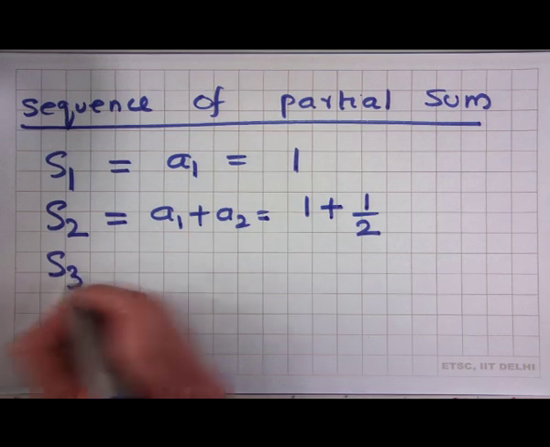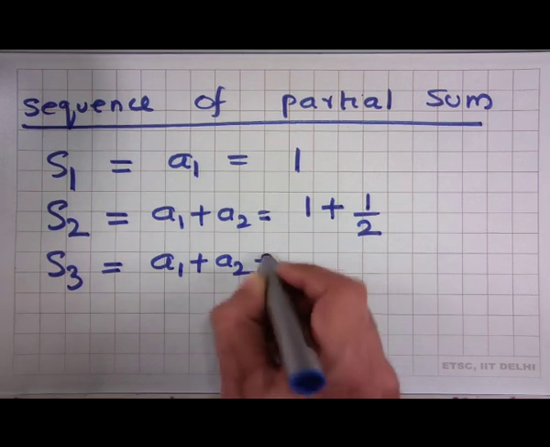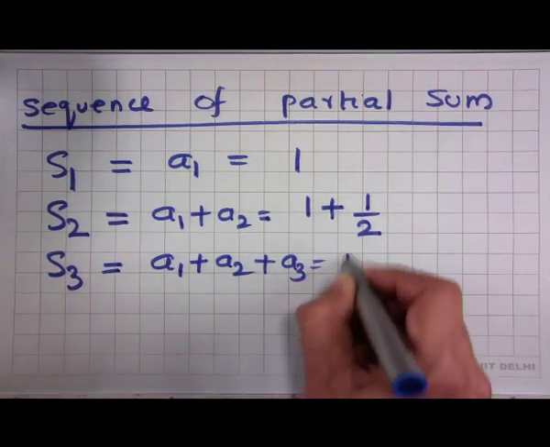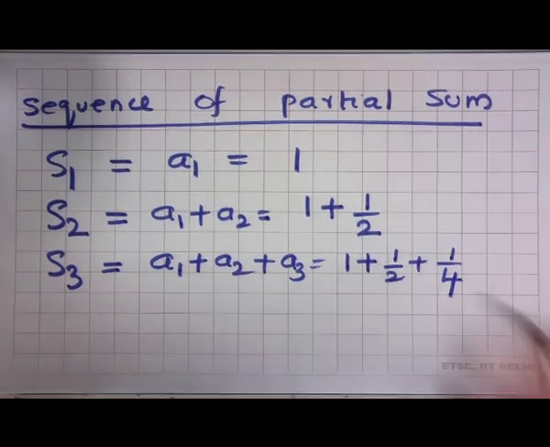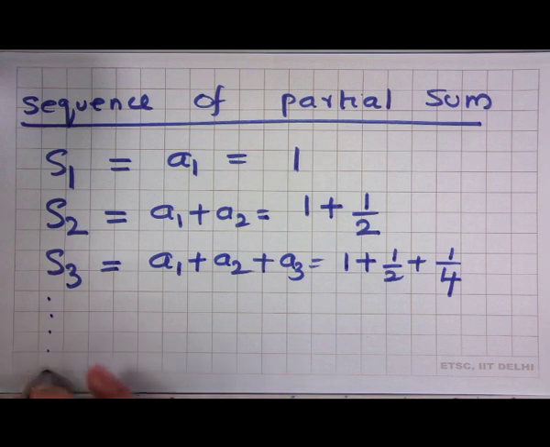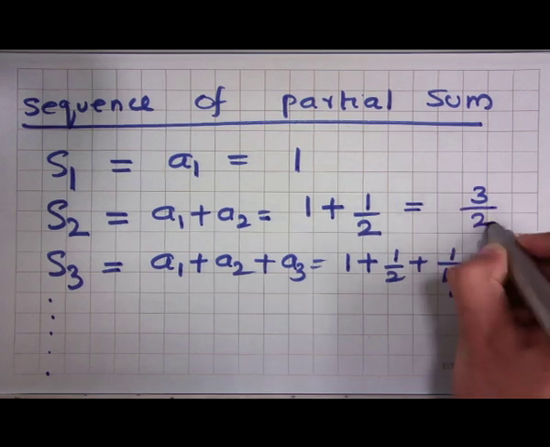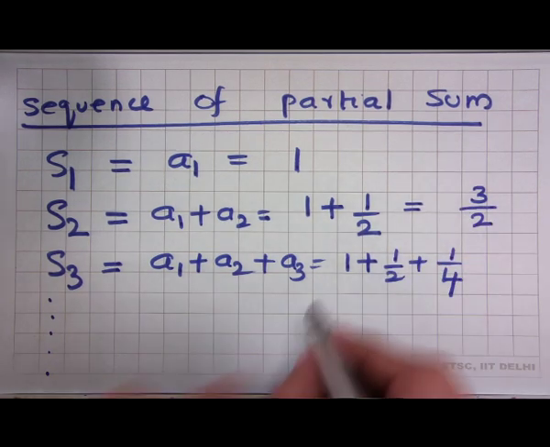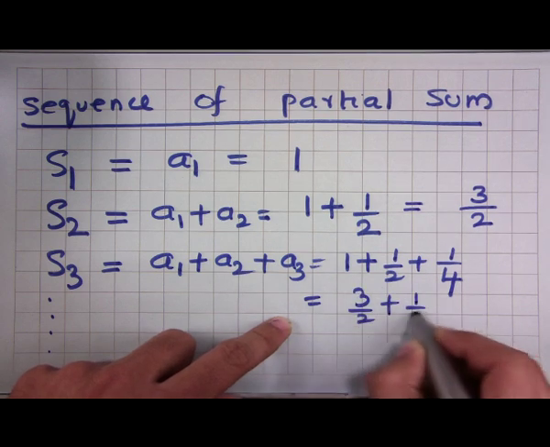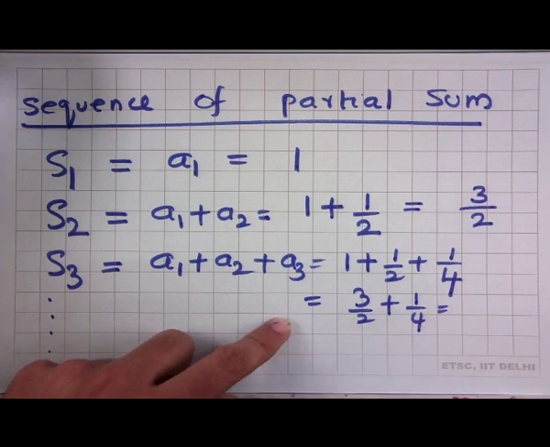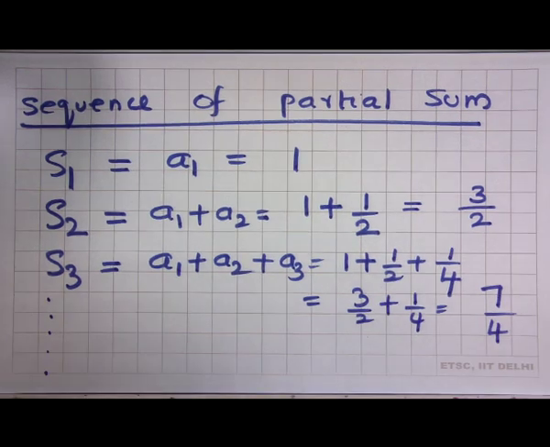The third partial sum, S3, is A1 plus A2 plus A3, which is 1 plus 1 by 2 plus 1 by 4, and so on. S2 is 3 by 2, S3 is 3 by 2 plus 1 by 4, which is 7 by 4, and so on.